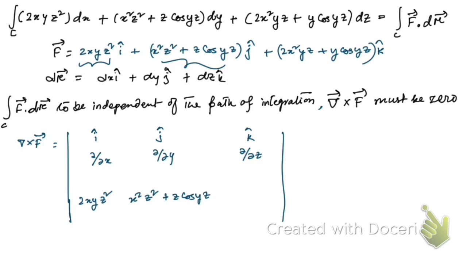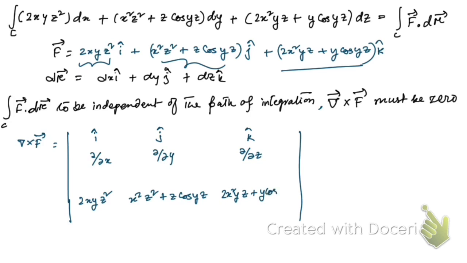Then the coefficient of k cap is this part. Let me write that, 2x²yz plus y cos yz. That's what we have got, right?